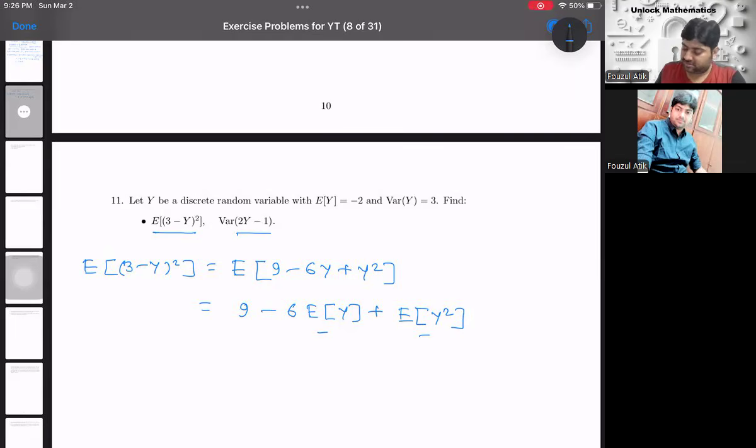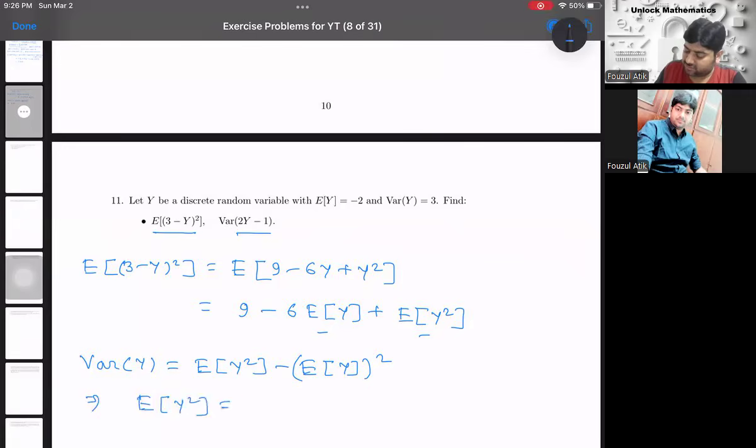We know that the variance of Y is equal to the expectation of Y square minus the expectation of Y whole square. So we know this formula, right? Then we put in the values we have, and from that we get the expectation of Y square, which is equal to the variance of Y plus the expectation of Y whole square.